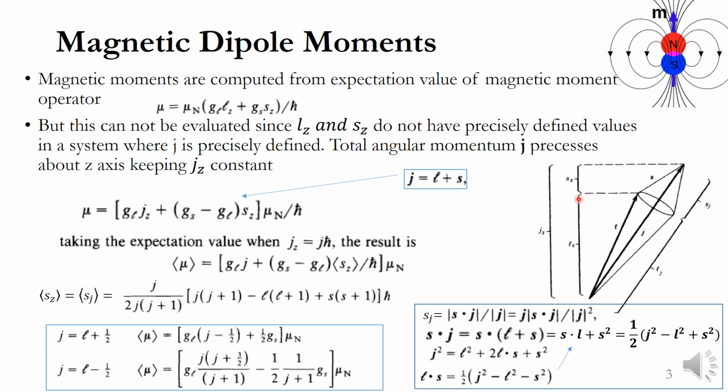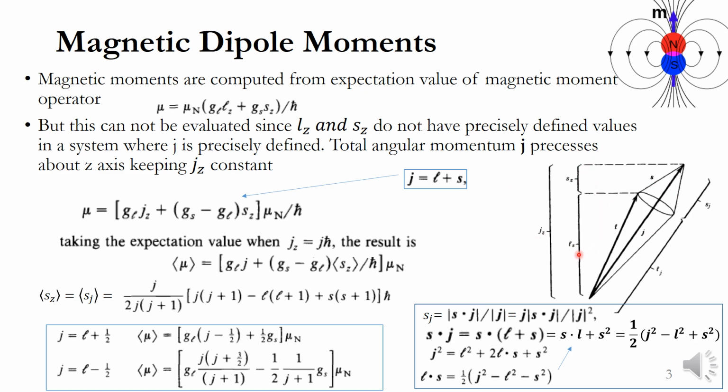Even though Lz, the z component of the orbital angular momentum L, varies, when L is here, the Lz component will be this one, and then this one. Similarly, S also varies. But even though Lz and Sz vary instantaneously, Jz remains constant.